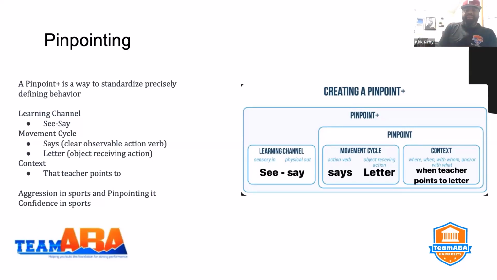So I was brought in, and from the assessments that we were doing, I immediately went to pinpointing, and I said, let me start with the learning channel. How are you receiving the signs? We took him out of the environment of the practice field, and we started with correct and incorrect, shaping up his understanding, making sure that he understood the differences between certain plays.